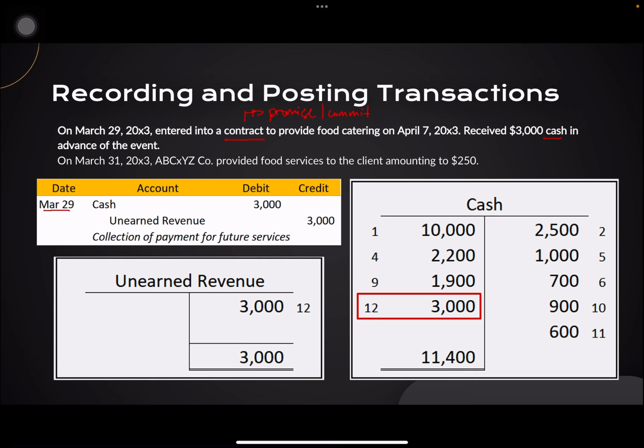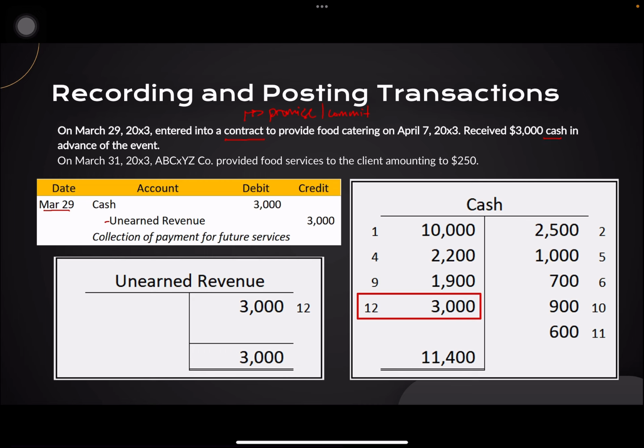And then the contract to provide food catering, or your obligation to provide service on April 7, again is a liability, specifically unearned revenue. Since our liability increased, it will be recorded on the credit side. So you have here credit unearned revenue amounting to $3,000.